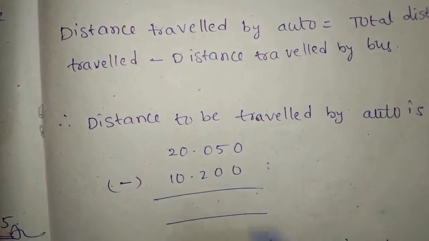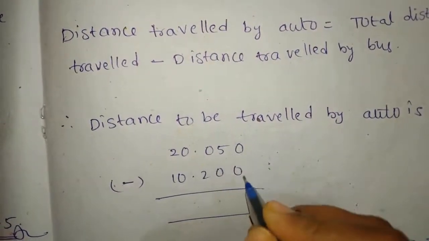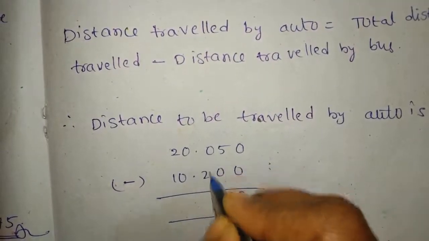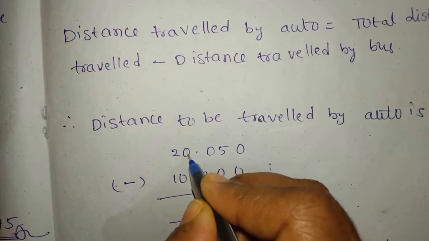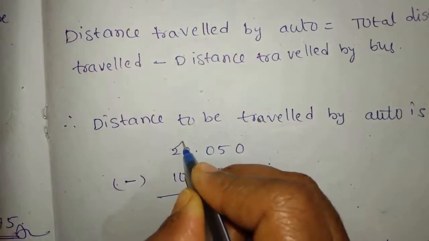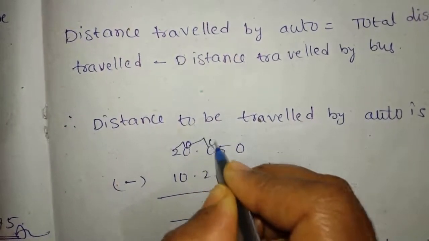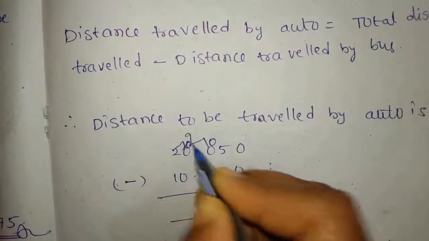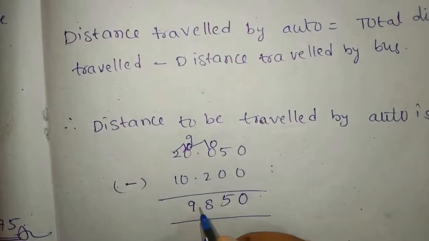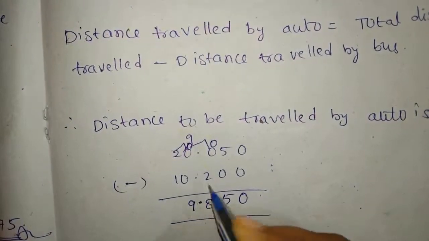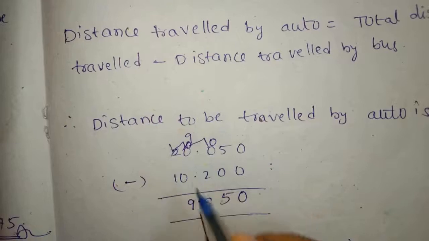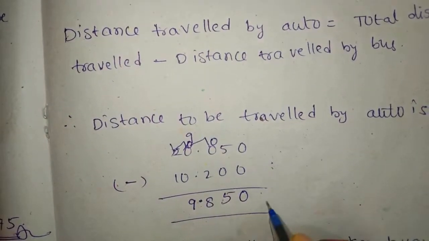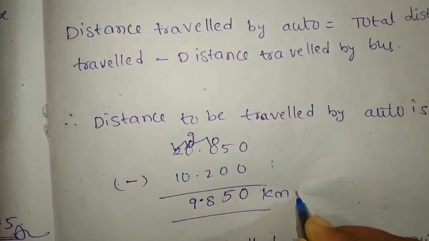That is 0 minus 0 is 0, 5 minus 0 is 5, here 0 minus 2 is not possible, so here also 0, so we take borrow, so 10 minus 2 is 8, here 9 will be there, 9 minus 0 is 9, here we keep the decimal point and here 1 will be there, so that is 9.850 kilometers.